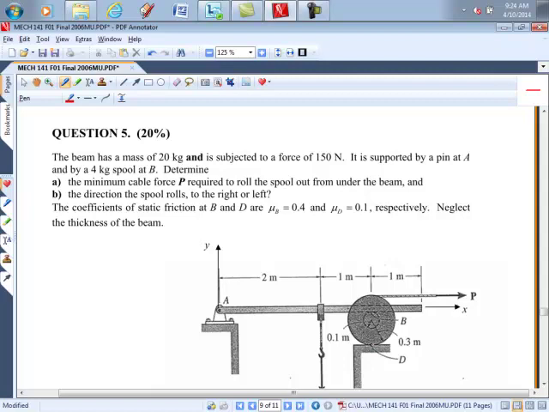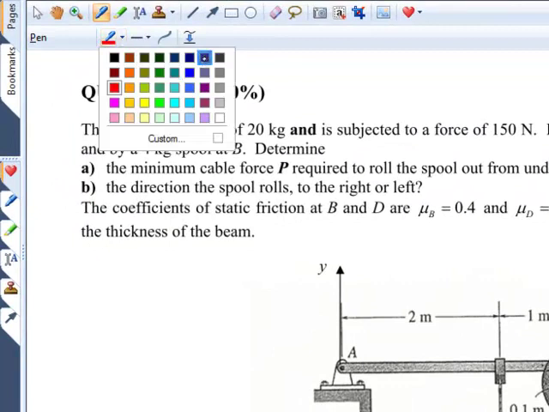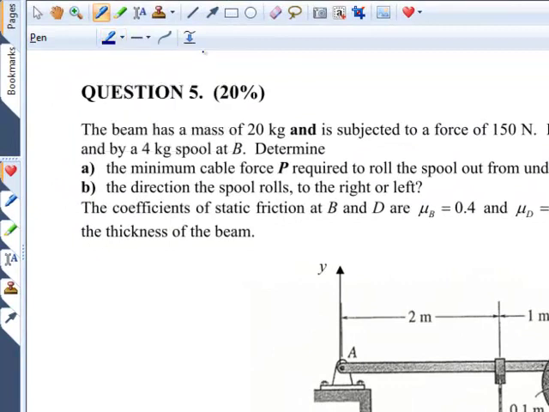So what would your first guess be? So your guess is impending motion at D? If we have impending motion at D, then it's going to move to the left. That's right.